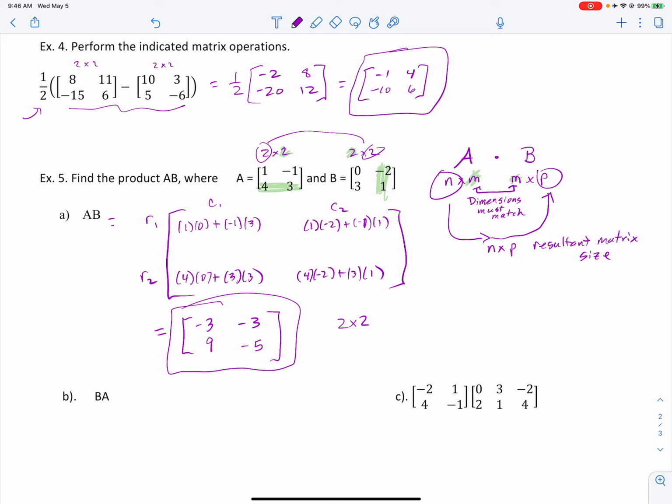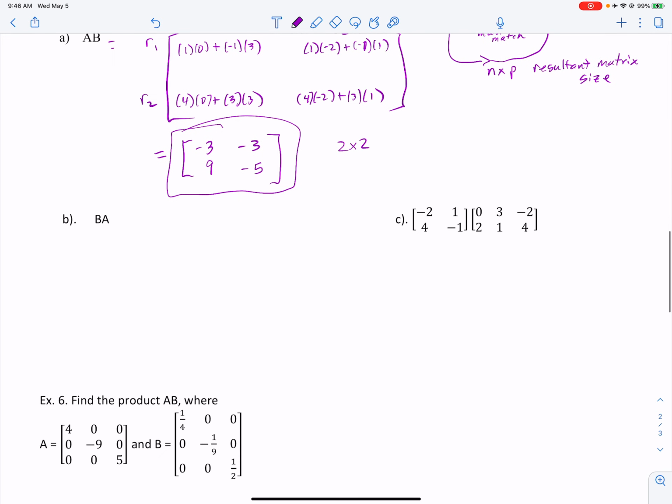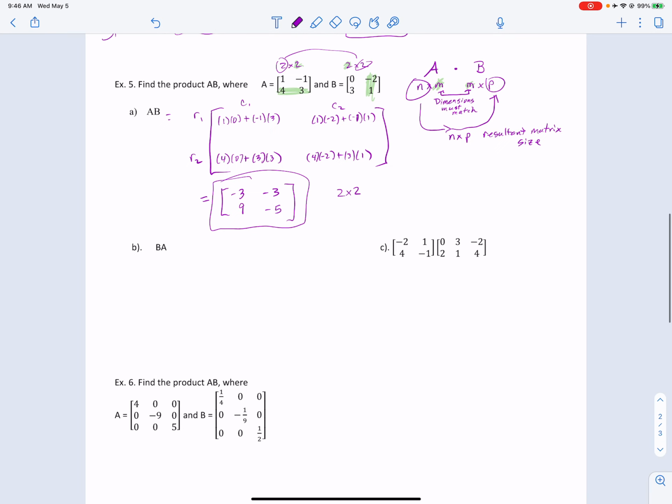Now, if we multiply these in the other order, we actually don't always get the same result. Multiplication is not commutative with matrices. So if I put B first, and then I'm multiplying that times A, you have to show a middle step here.